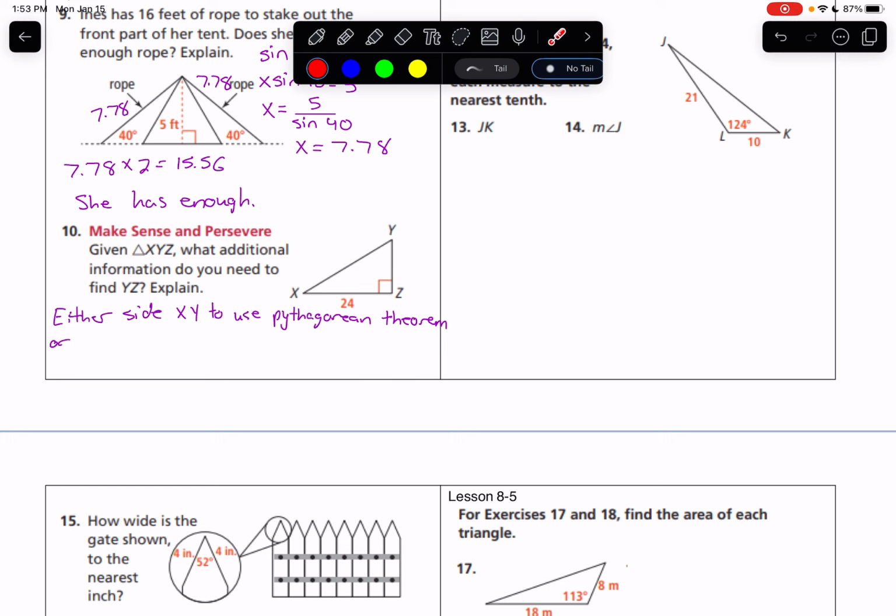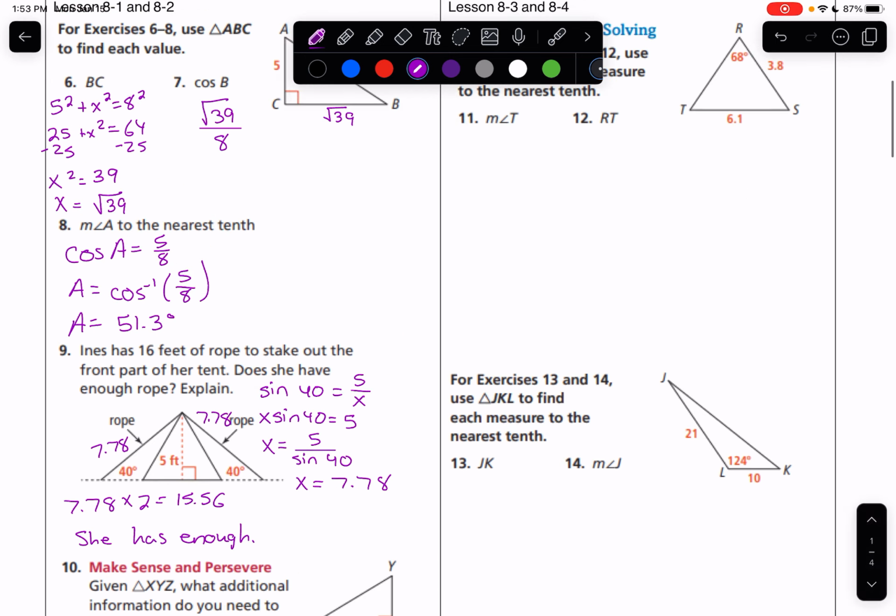Or if we're standing on y, it would still be opposite over adjacent. So we would be using tangent. So, or if we knew angle x or angle y, Pythagorean theorem, or angle x or angle y to use tangent. So multiple ways to do that problem.